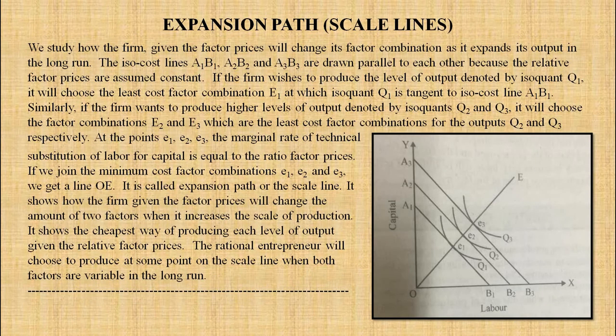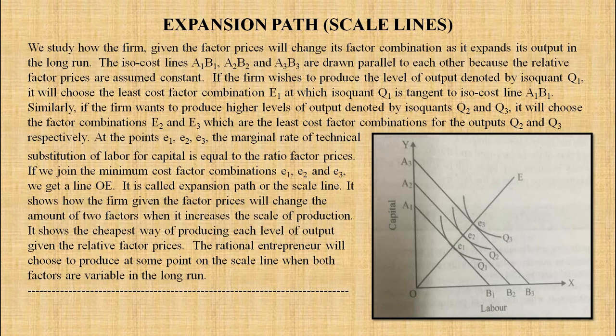Now the last point is the expansion path. We study how the firm, given the factor prices, will change its factor combination as it expands its output in the long run. The isocost lines A1B1, A2B2, A3B3 are drawn parallel to each other because the relative factor prices are assumed constant.